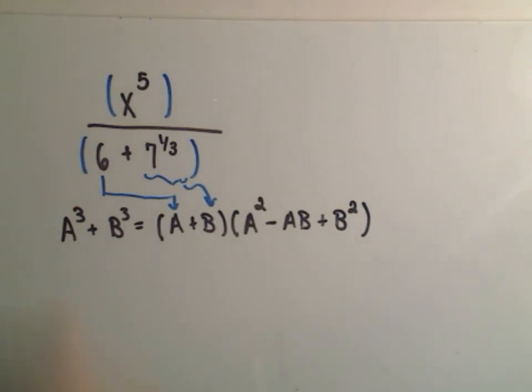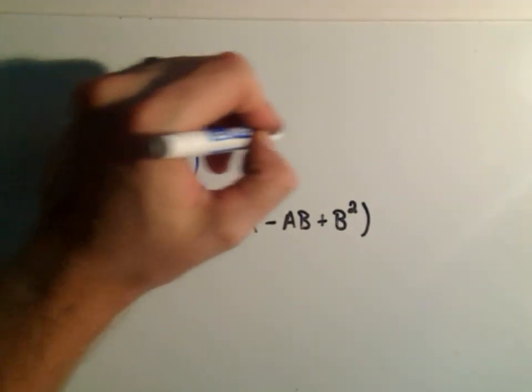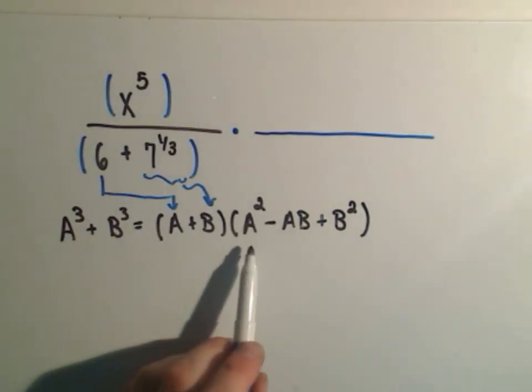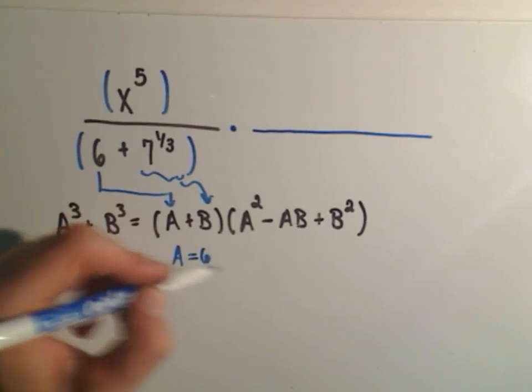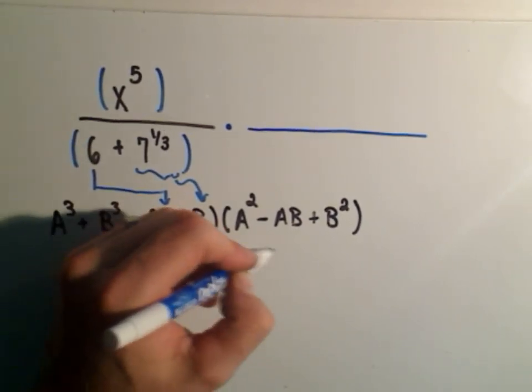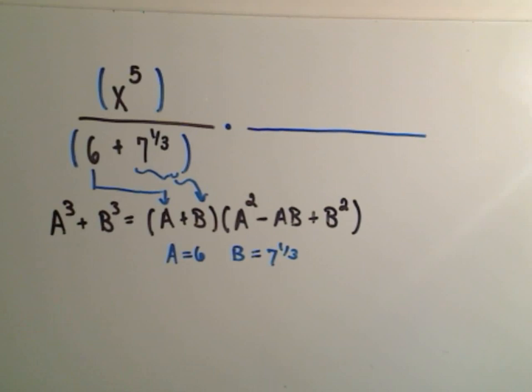Alright, so now I have to start multiplying. It says what goes on the bottom. Again, our a value is equal to 6, and our b value is going to be 7 to the 1/3 power.